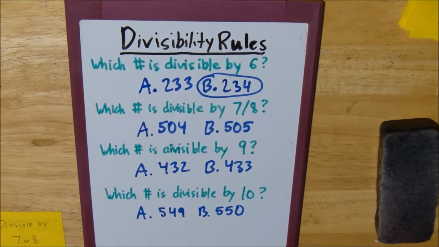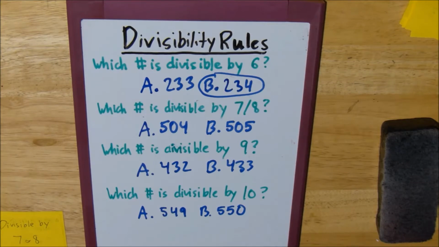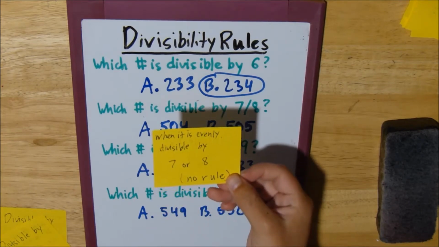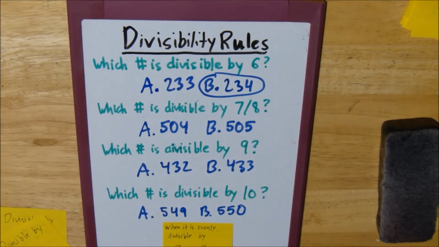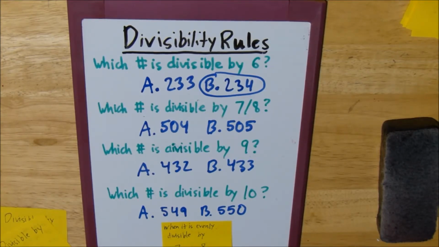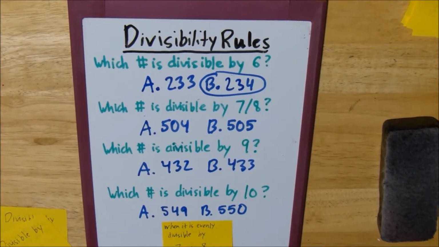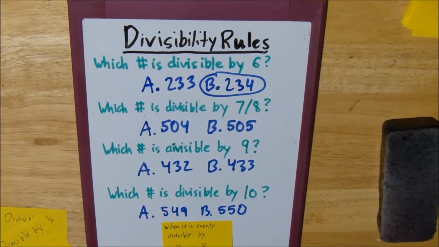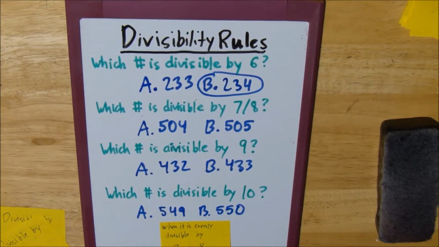Now, for this next one, 7 and 8 are grouped together because they actually have the same rule. And that rule is that there is no rule, right? So, essentially, for 7 and 8, you just have to divide the number in your calculator or divide it manually. I have a calculator on hand here.